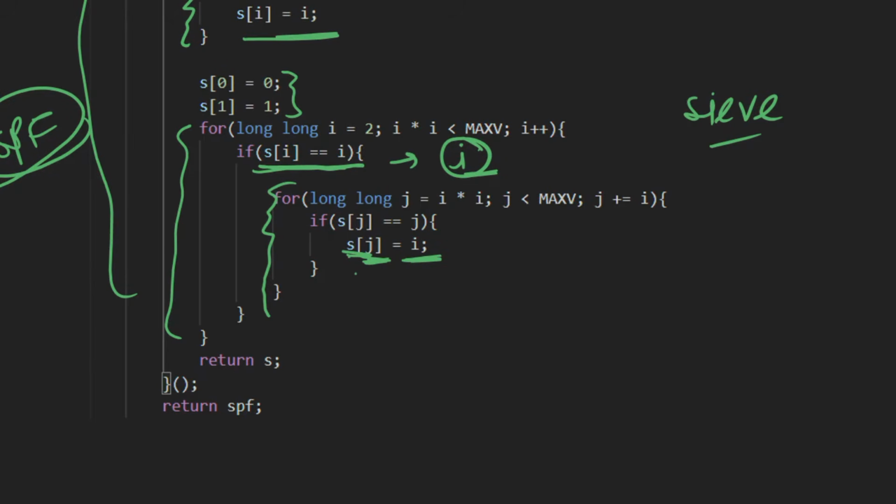So we start from j is equal to i cross i, because all the smaller elements will be already handled by smaller prime numbers, right? As I already explained you why we are starting from i cross i, and then we build our SPF, right? So we return s, and at the end we return our SPF.